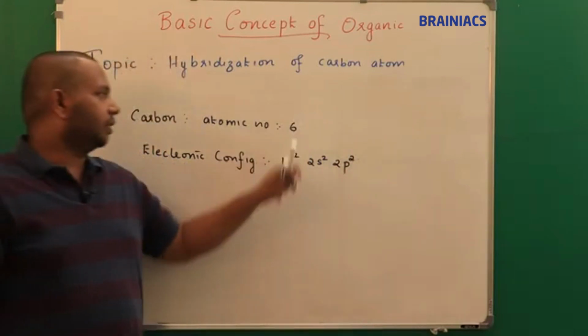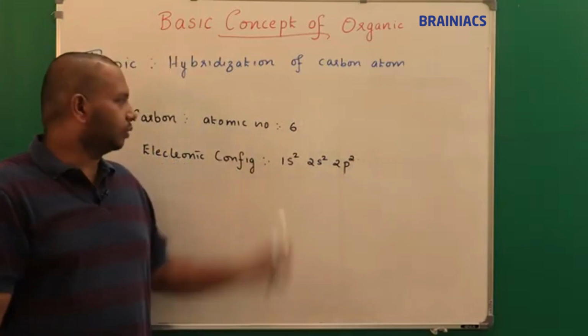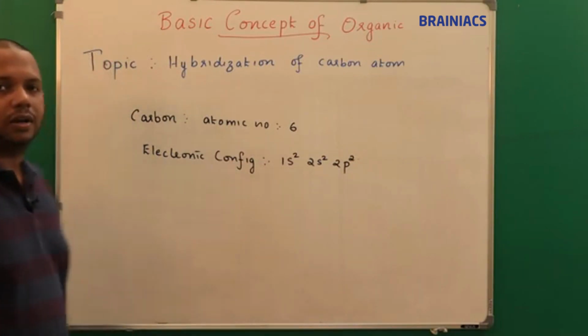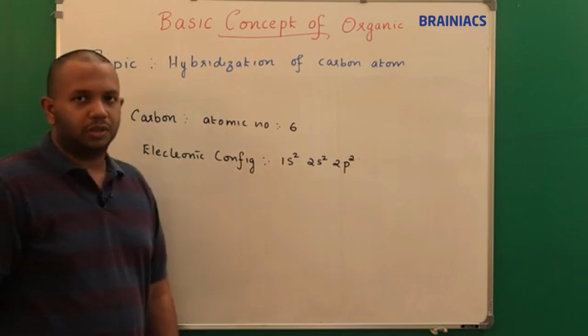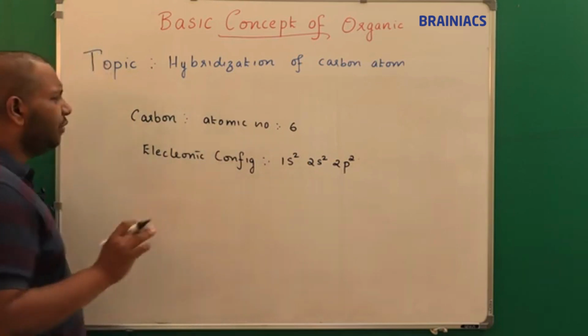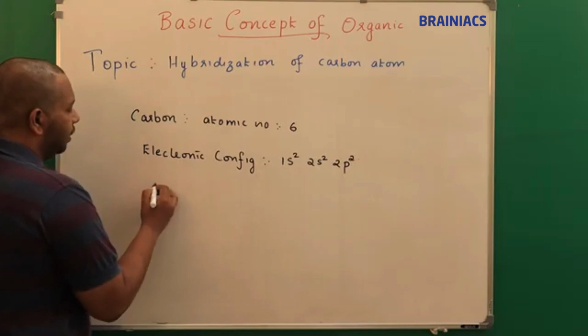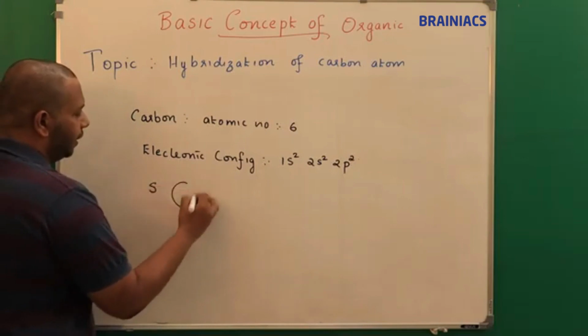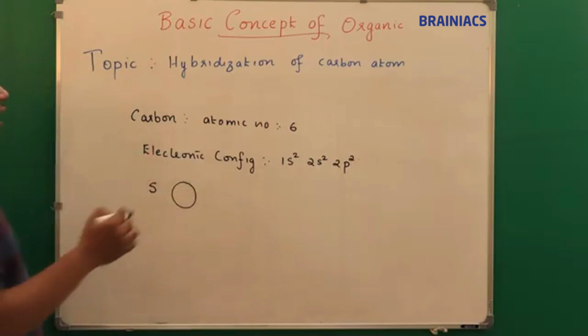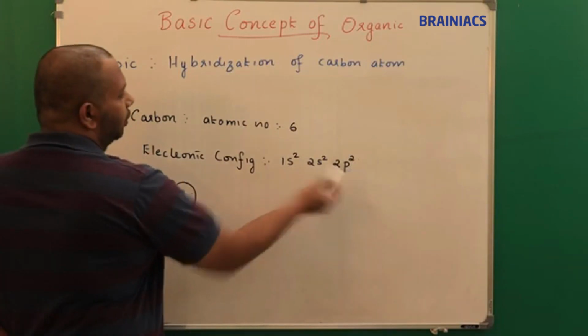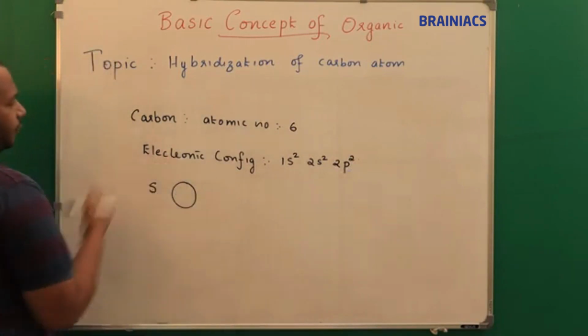Since its atomic number is 6, it has 6 electrons. Now we know that s is an orbital, so there is only one s orbital that is spherical in nature, correct? And you can see p orbital is also present for carbon atom.